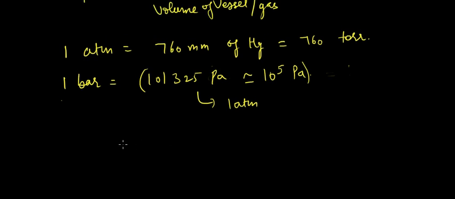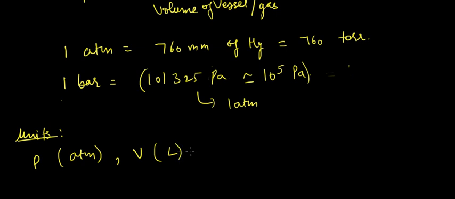Now let's see some SI units. The unit of pressure is atm, the unit of volume is liter, and the unit of gas constant is atm liter divided by mole Kelvin.